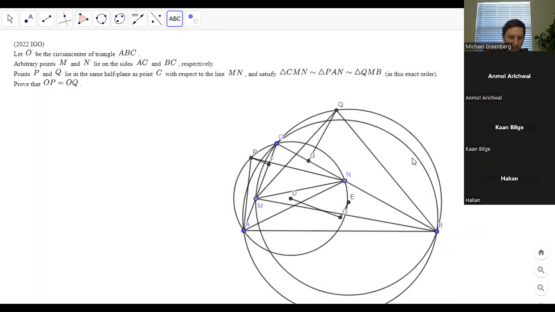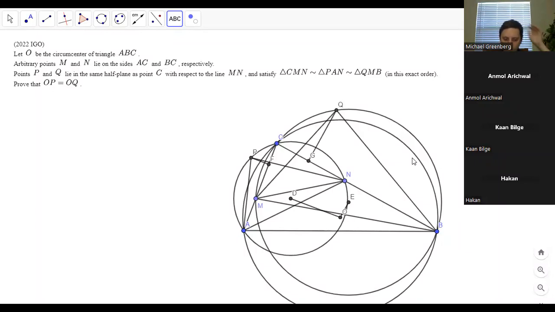So PF over QG is PA over QB times sine of PNC over sine MNA.